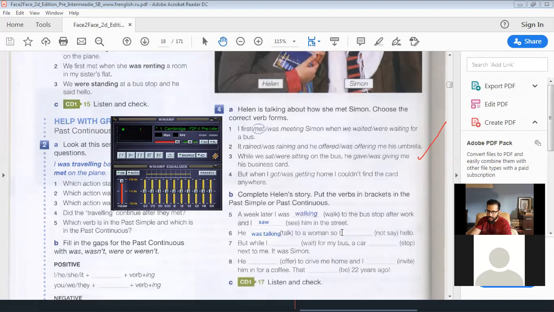And you said, I didn't say hello. While I was waiting. This is what you said. And then you said, stopped. And then he offered. And you said, inviting?